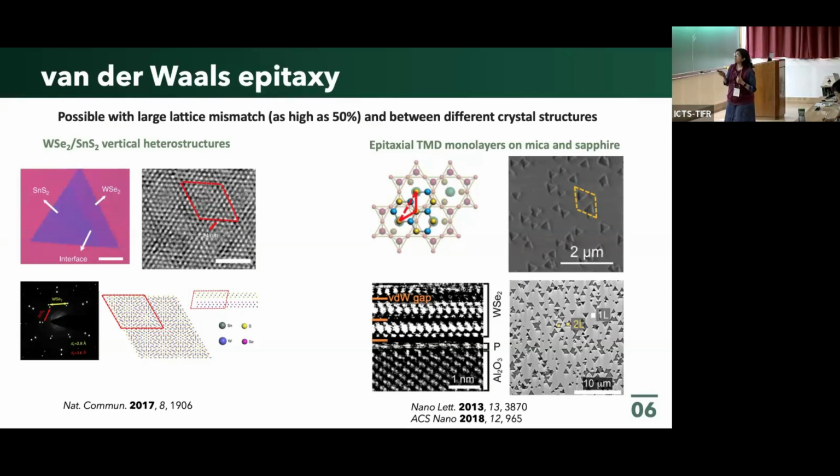Mica is a very good substrate for growth because, just like van der Waals materials like graphene or HBN, mica is atomically flat and free of dangling bonds. You see nice epitaxial growth, well aligned triangles of TMD monolayers forming on mica and sapphire. These are cases where you have a pretty large lattice mismatch, but still you can get a good amount of epitaxy.